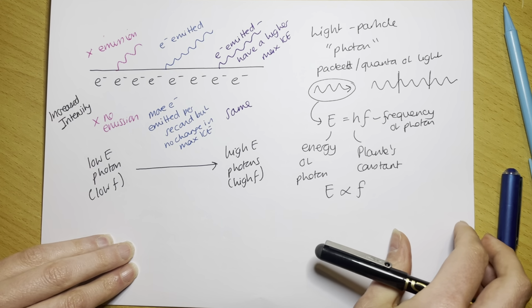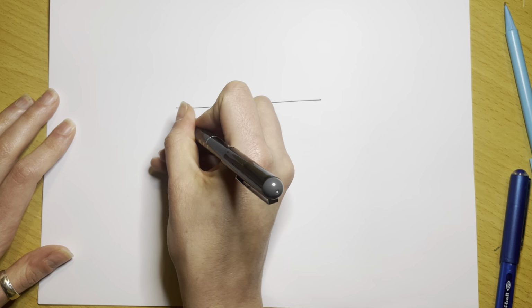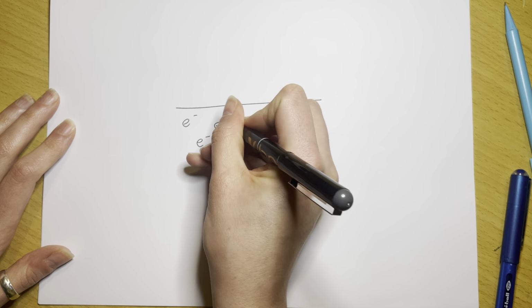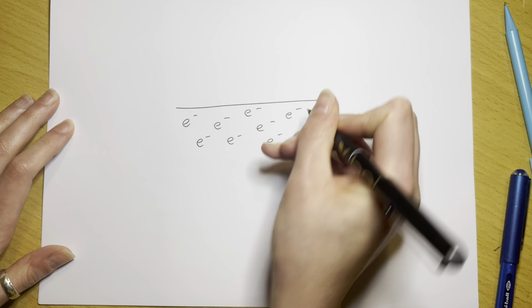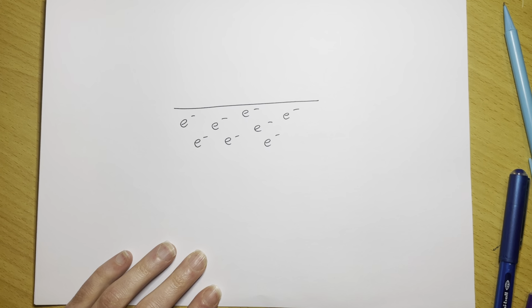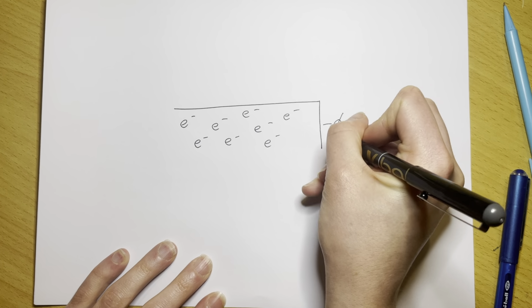Now what's happening is, I'm going to draw it another time. Here are my electrons. And this time I'm going to draw some at different levels. Now remember, this metal has got a work function phi.